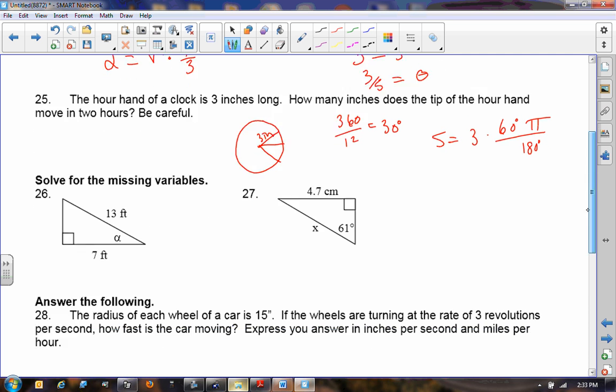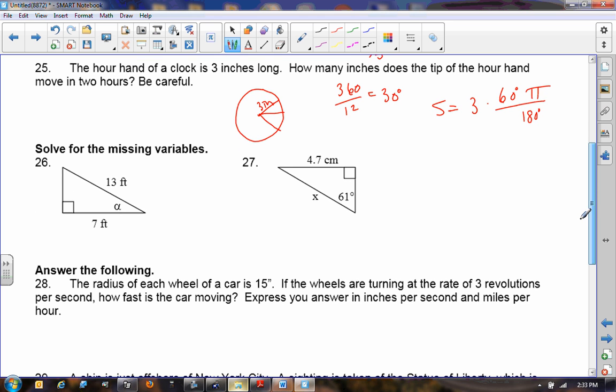Think about the problem. Draw yourself a picture. It helps. Solve for the missing variable. This is trig. Simple trig. What ratio is this? This is opposite, hypotenuse, and adjacent. I have adjacent and hypotenuse, so that's cosine of this symbol, which is alpha, equals adjacent over hypotenuse.